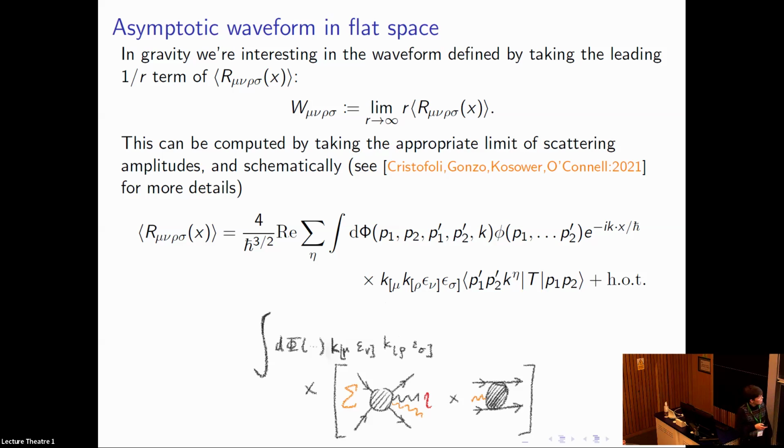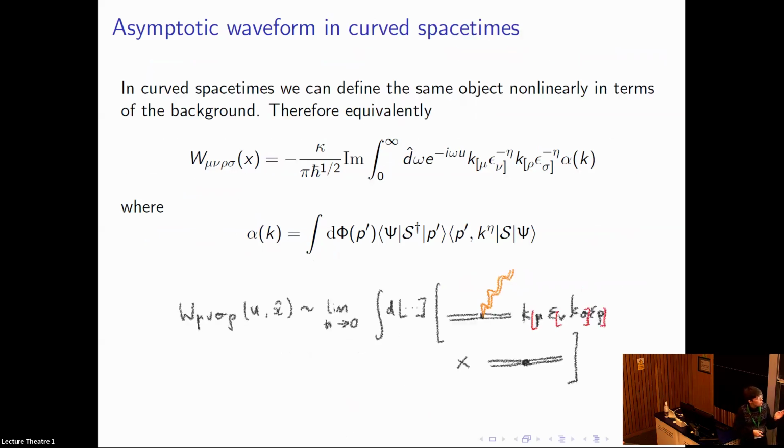And of note is that the leading order term corresponds to a tree level 5-point amplitude on flat space. And in curved spacetimes, or at least in the spacetimes I'm considering, equivalently, we can calculate this kind of thing where, doing some manipulations, it corresponds to this, where we have a product of a 3-point and a 2-point on the background.